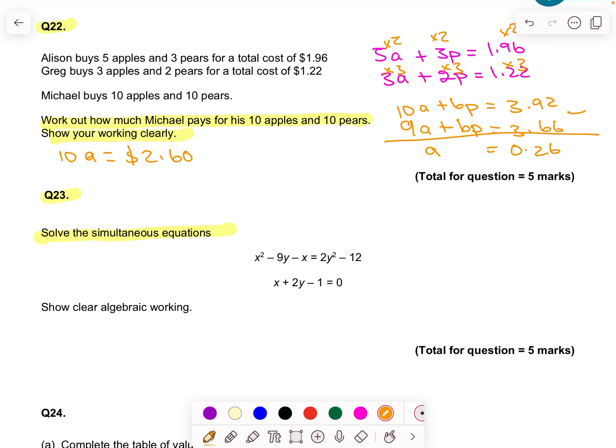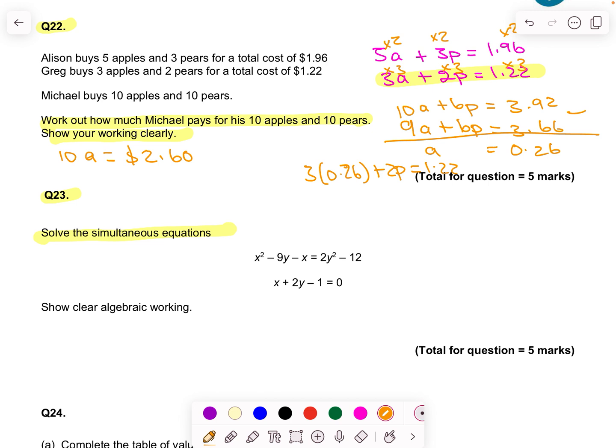And then to work out the pears, we're going to go back into one of the equations. Which one should I go back into? I think I'm going to go back into this one. And I'm going to write 3a, so 3 times 0.26, plus 2p equals 1.22.